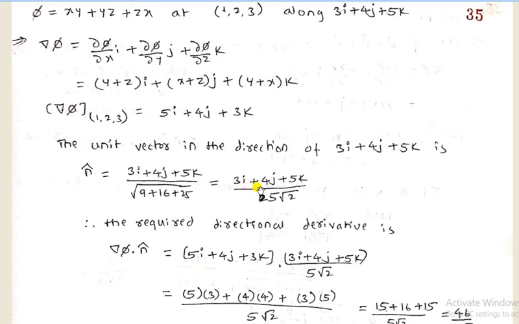The numerator is 3i plus 4j plus 5k. So that is the n cap here.